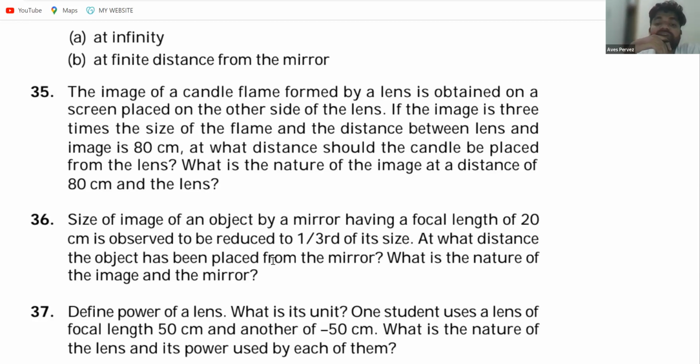If the mirror is convex, a virtual image is formed, because no hint is given that the object is placed in front of the mirror. Is the keyword "in front of the mirror" written? No.